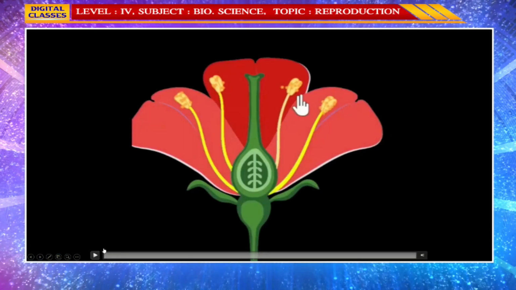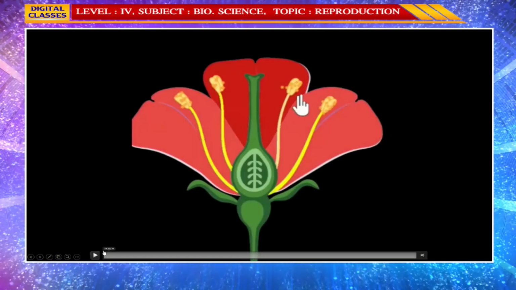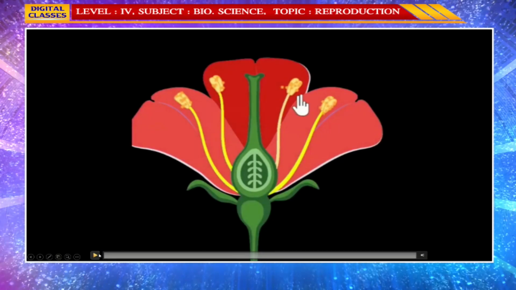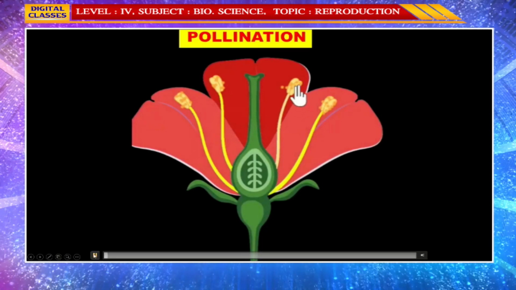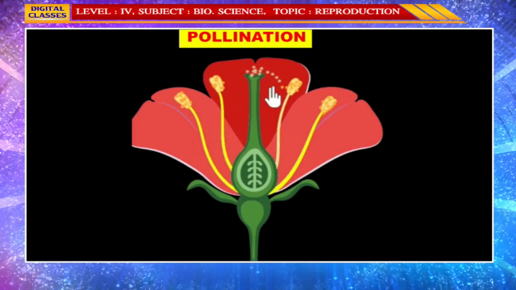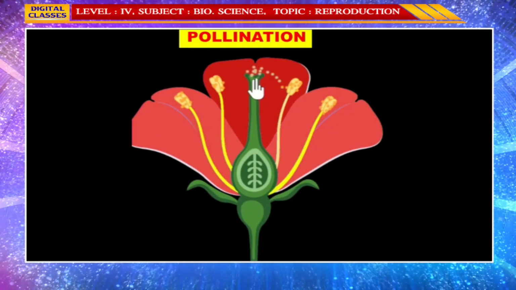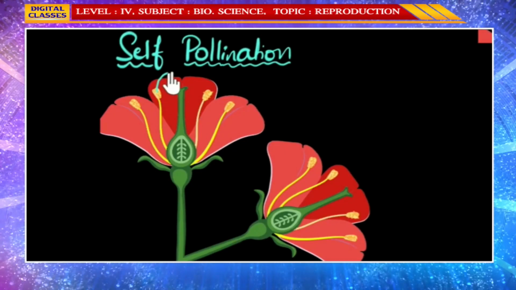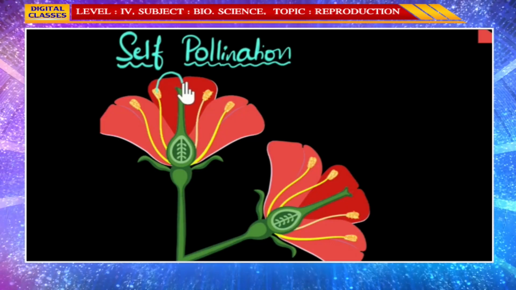Transfer of pollen grains from anther to the stigma is called as pollination. If transfer of pollen grains takes place within the same flower, or transfer of pollen grains to another flower of the same plant, it is known as self pollination.